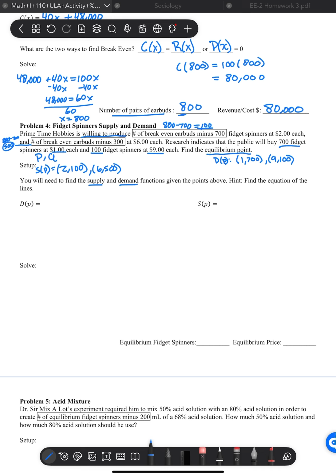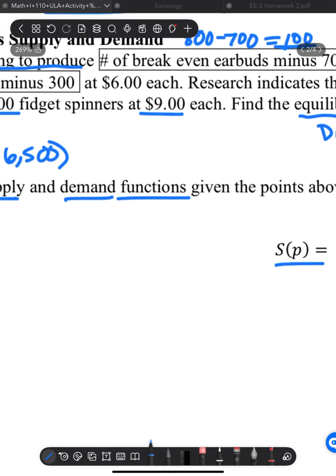So we're finding our supply and demand functions. I forgot to mention this part. This is why they're saying finding the equation of the lines, right? Because we need to find when our demand and our supply are equaling each other, we need to have equations. By doing that, we can use these points to make the equations in point slope form, right?